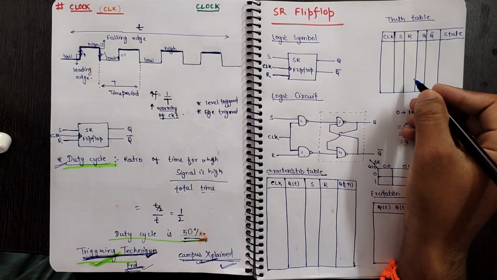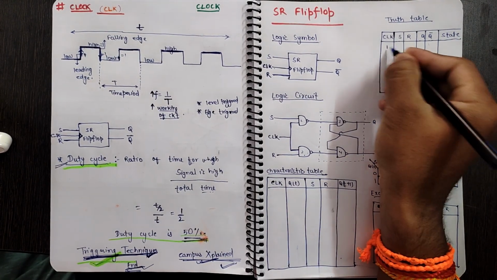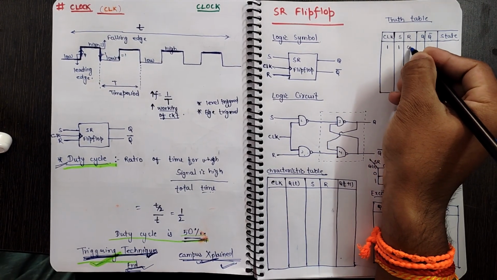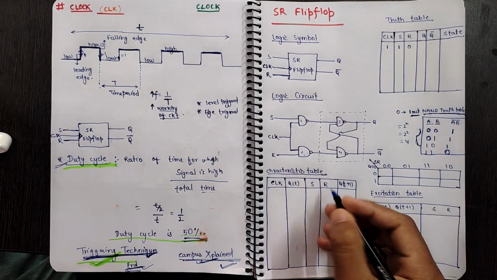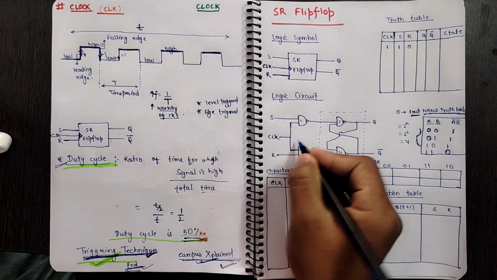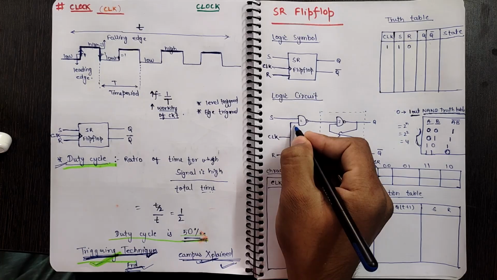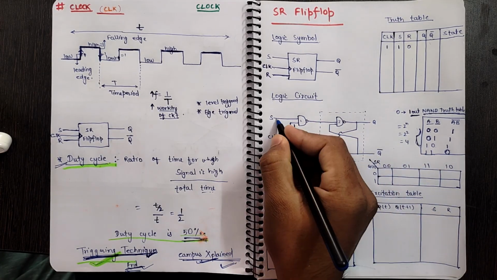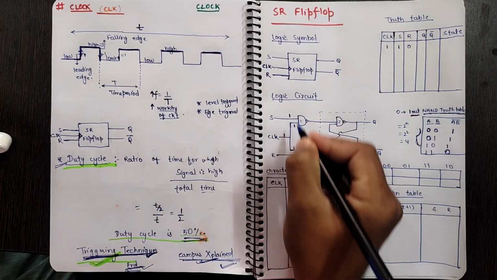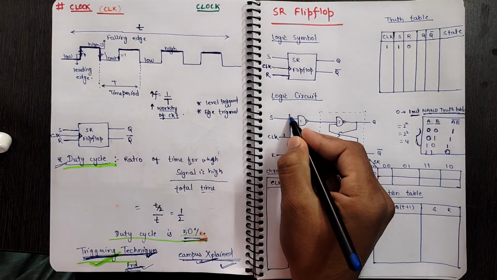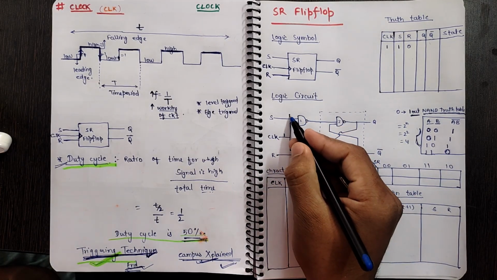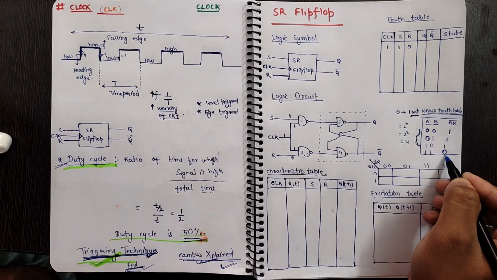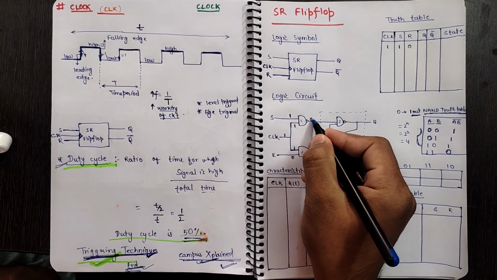So this will be our sequence. In the first case, we will take clock 1, S value as 1, R value as 0. Now the clock signal is 1, and S value is 1, so the first NAND gate gets 1 and 1, and we will get 0 as our output.